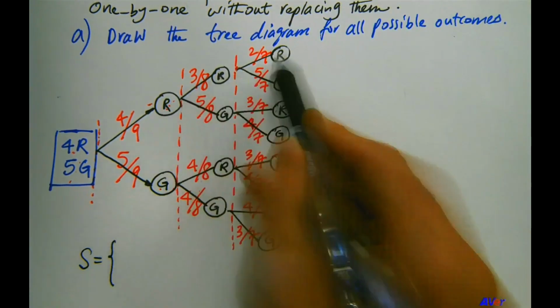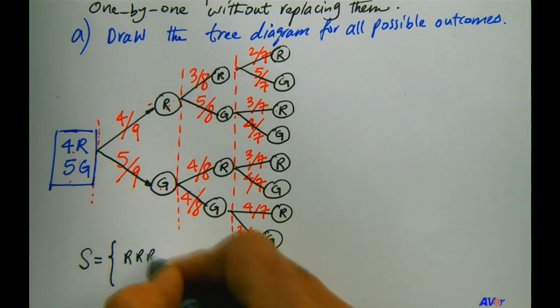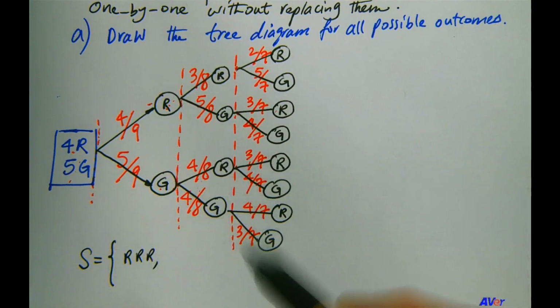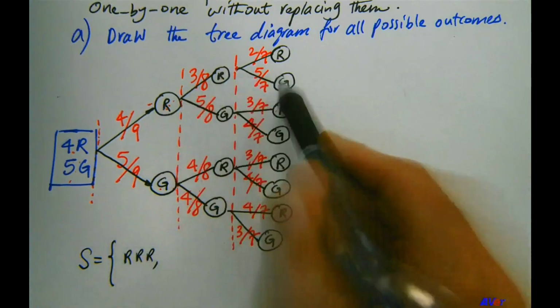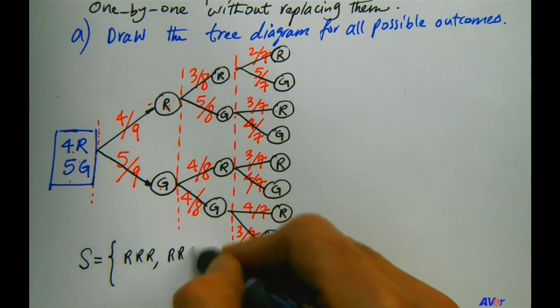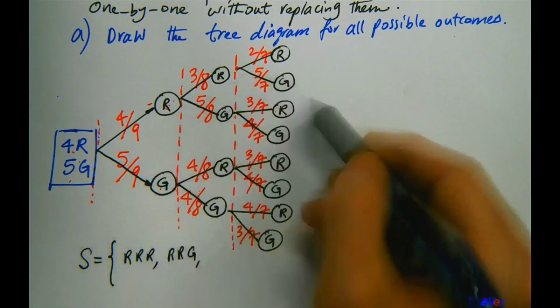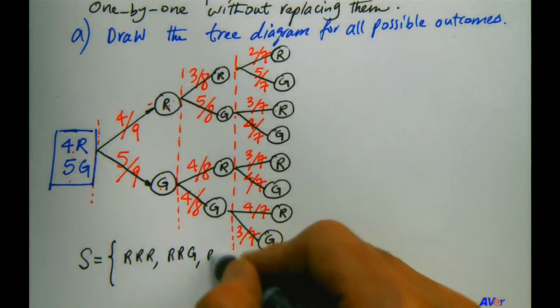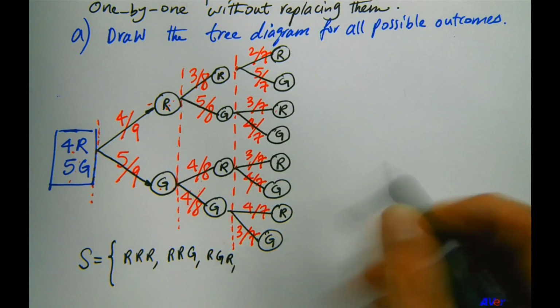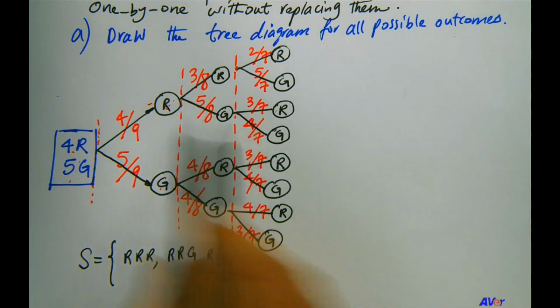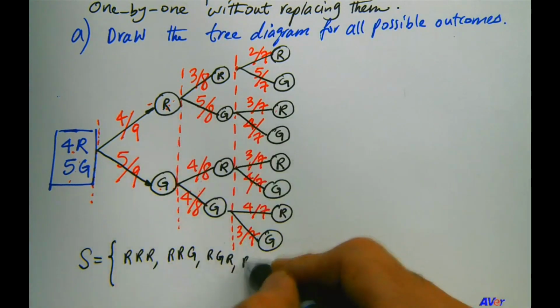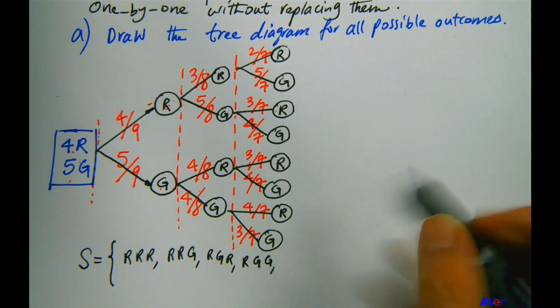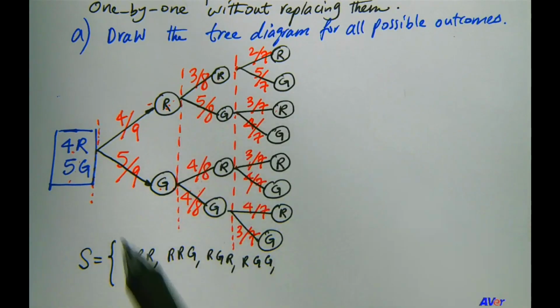So the sample space would be red, red, red, right? Red, red, green. And as I'm sure you're noticing, the order matters here. Red, green, red. Red, green, green. So we're done with that.